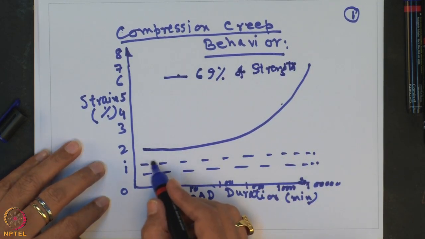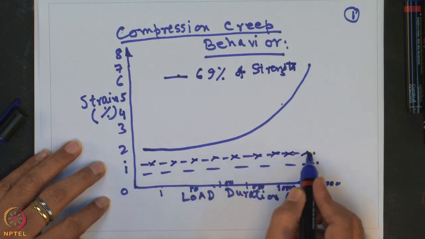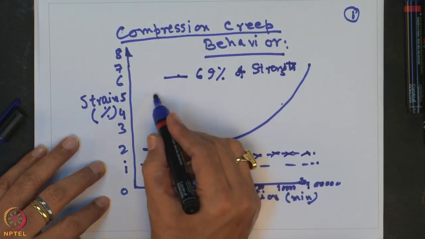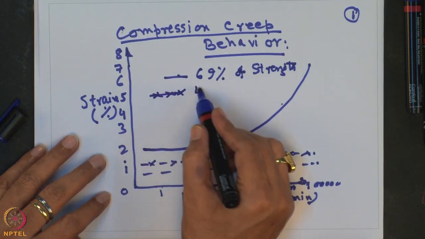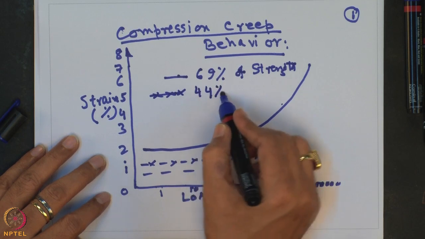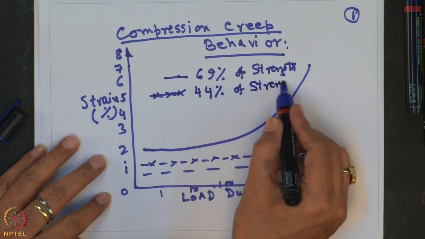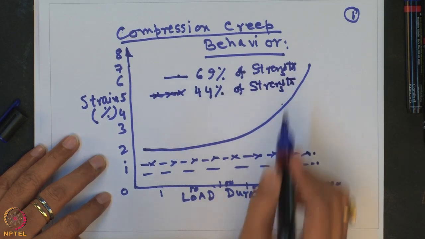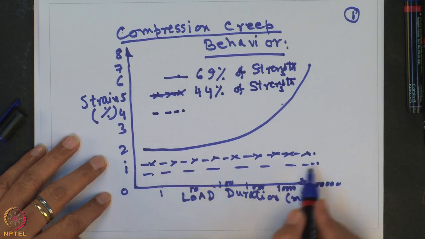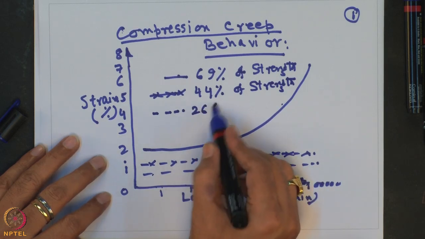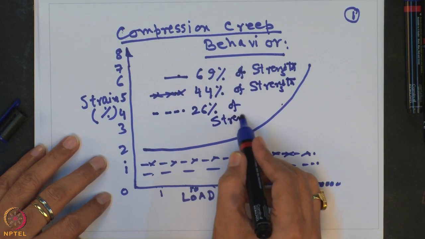And let us say this one is for 44% of strength, and this one is 26% of strength.